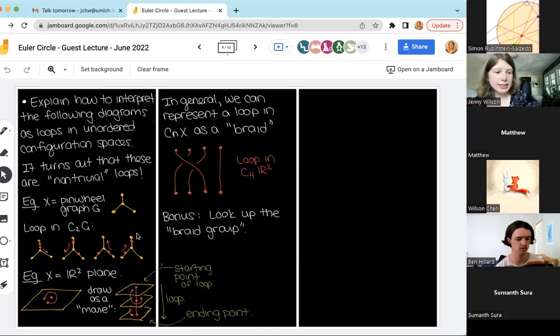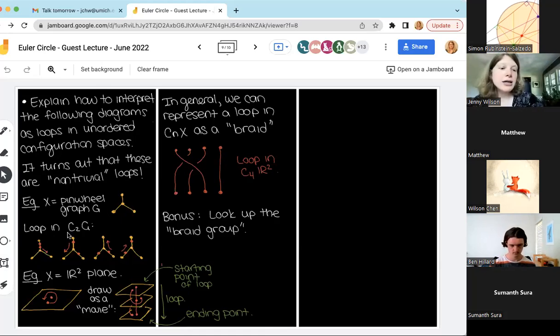This is actually the unordered configuration space. If you're really keen, you can read ahead in the notes and see the definition of the unordered configuration space, where I'm just looking at subsets instead of ordered lists of points. So in this universe, all the points are indistinguishable from each other. I don't know what point 1 is and what point 2 is.